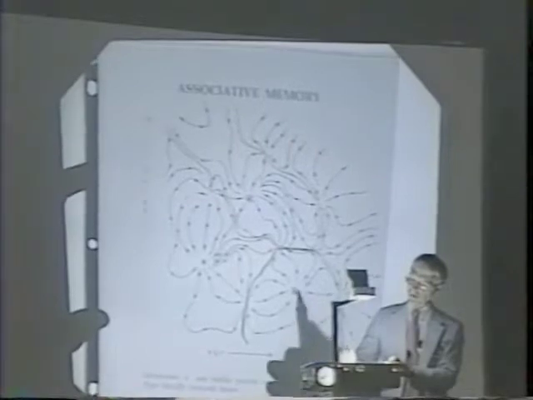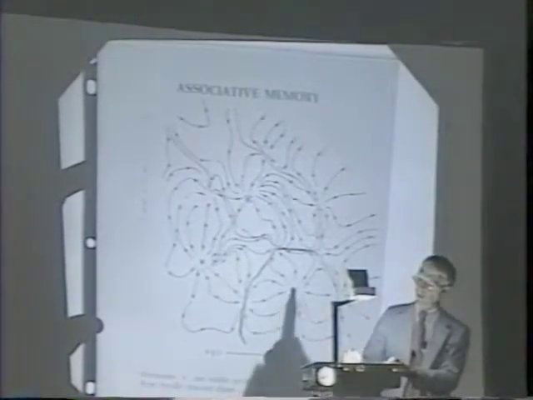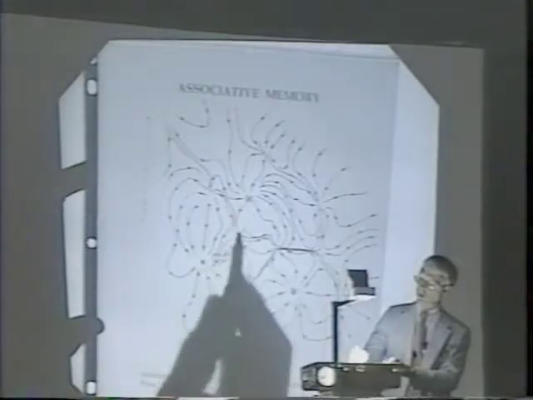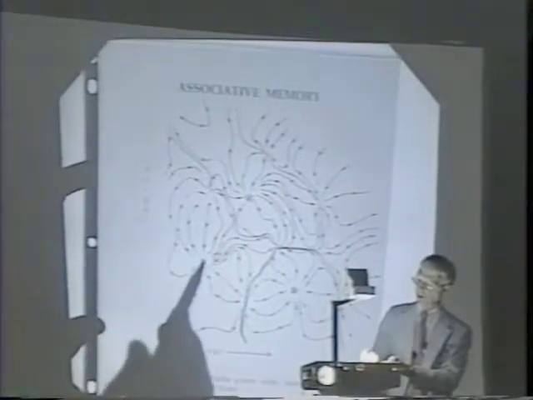So the idea of associative memory is fundamentally that you have some patterns of activity to which you move, and you'll move to one of these patterns of activity and stop moving no matter where you start. So if I start here, I'll move to that one.